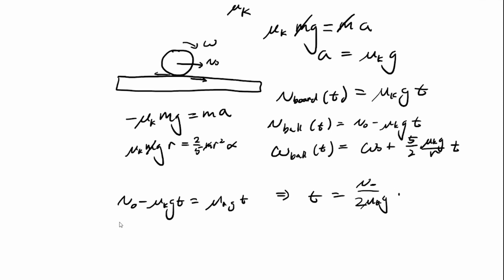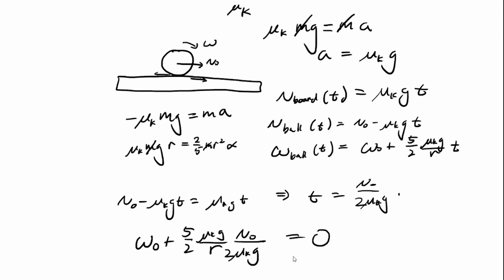I'm plugging that in. We need omega naught plus 5/2 mu sub k g over r times v naught over 2 mu sub k g equal to 0.